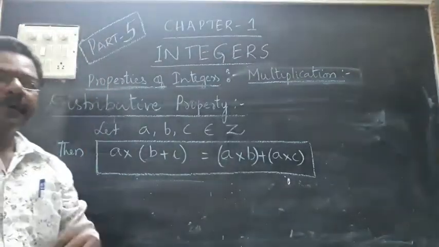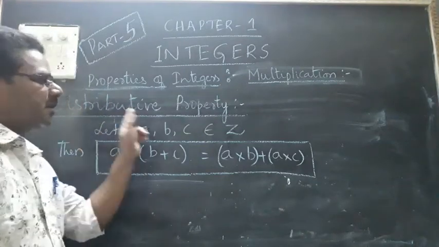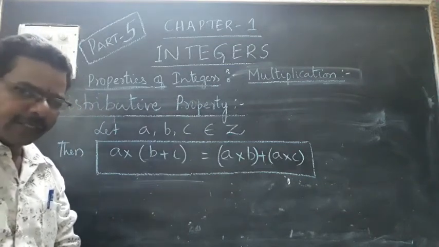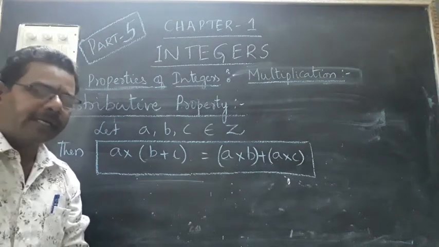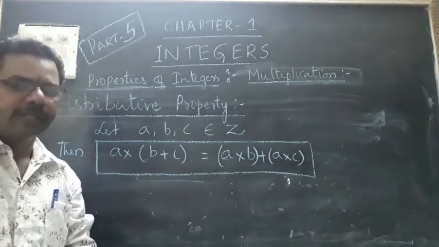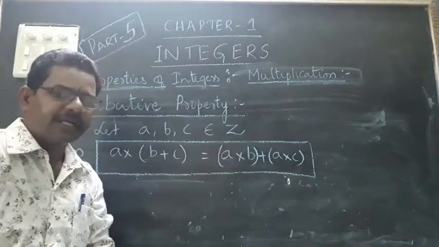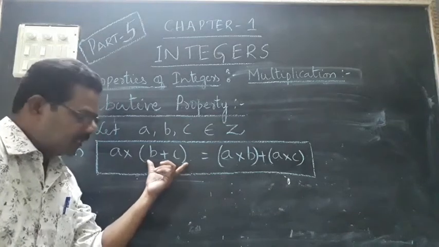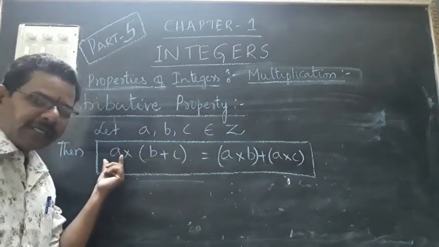Next here, a special property is there in the multiplication over addition. That is called the distributive property of multiplication over addition. What is this distributive property? It means one integer will be distributed among the other two integers. Here I have taken A, B, C, the three integers. A into (B plus C): the sum of the second and third integers is multiplied with the first integer.